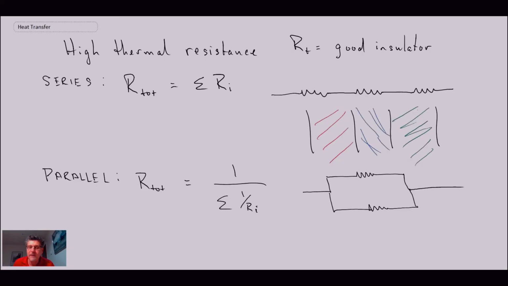And what might that look like in terms of an object? Let me erase that. So let's say you have an object, you have a plane wall, but then half of it is one material and the other half is a different material, and your heat flux is going in this direction. And same up here, the heat flux is going in that direction.